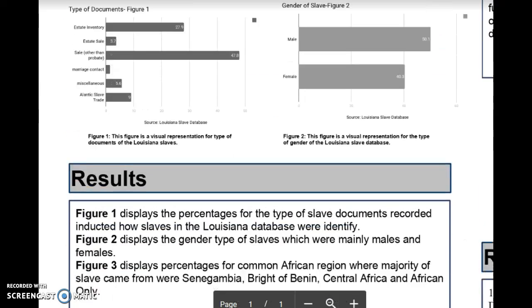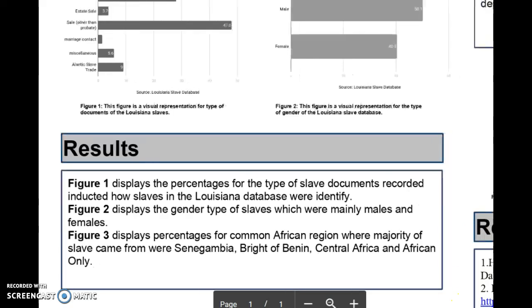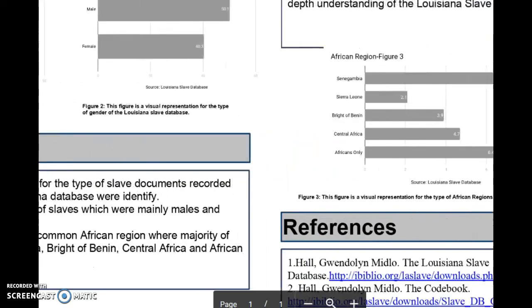And for our figure 3, it says display the percentage for common African regions where the majority of slaves came from. So let's move over to this graph to show.